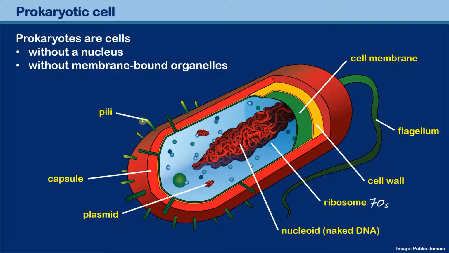Pili are pili, singular pilus. These are protein structures which are used to attach the cell to a surface or to other cells. And I think I'm now going to make a drawing to simply illustrate this. This is some kind of a surface.